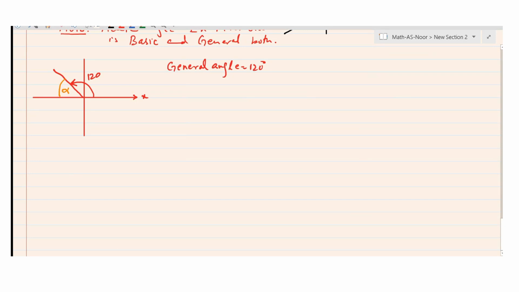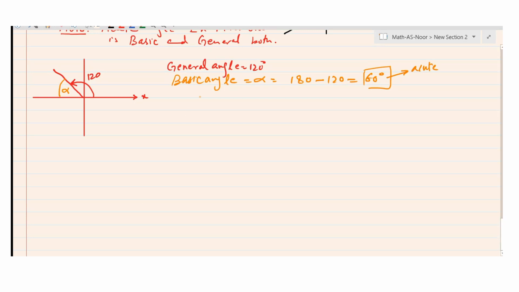So we can find this angle by subtracting. Basic angle is represented with alpha, and journal angle subtracted from 180 it becomes 60. So you can see that this 60 degrees is on x-axis and acute as well. So whenever you have angle along the x-axis and it is an acute angle, you call it as a basic angle.